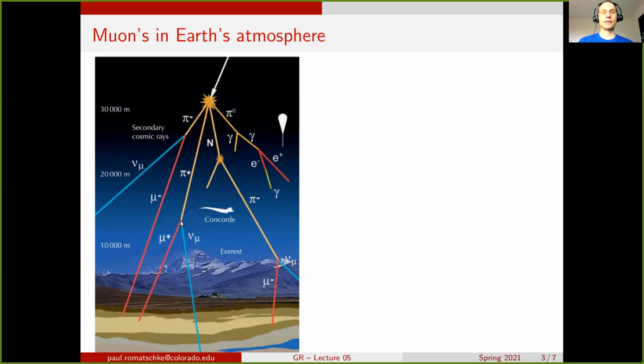In particular, the lowest altitude at which we get them from the primary cosmic rays is on the order of 10 kilometers. So this is the lowest that we get these muons, and then they have to make it from this 10-kilometer height all the way down to our observatories on the ground. So the muons are created at an altitude of greater than or equal to 10 kilometers.